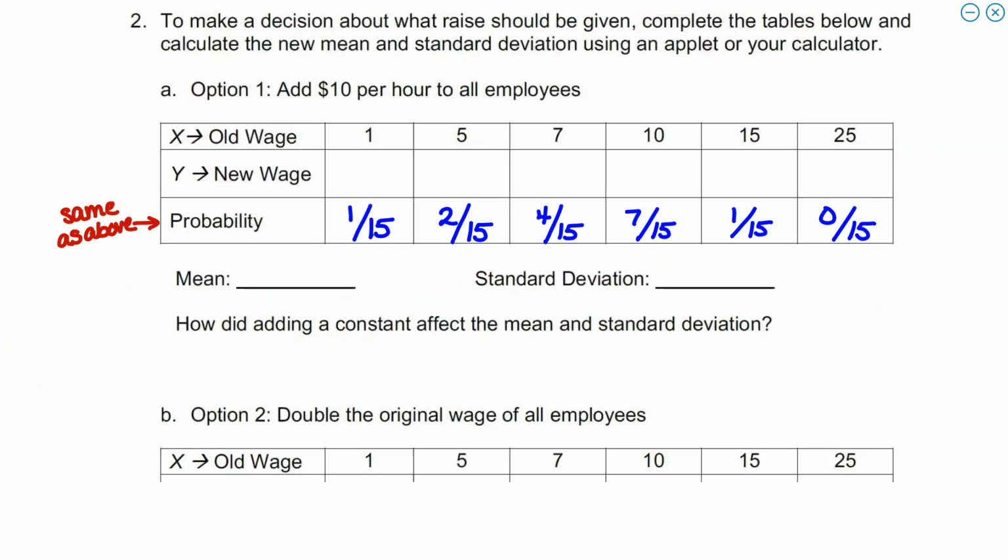The probabilities, by the way, stay exactly the same. All we're doing is changing their hourly wage. We're not changing who drew which part, so we're not changing the probability.